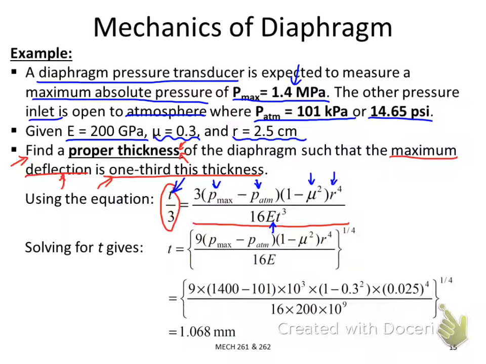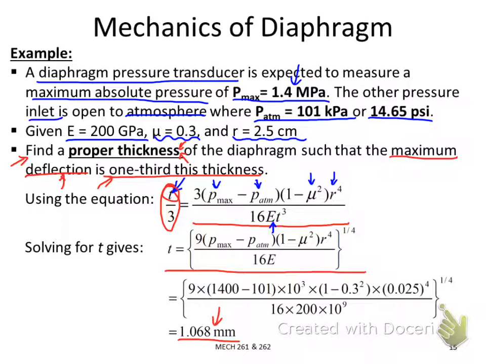So the only unknown is the t value. If we solve this equation, we can calculate t, which is 1.068 millimeter. So this is a critical value, or a boundary value of t.